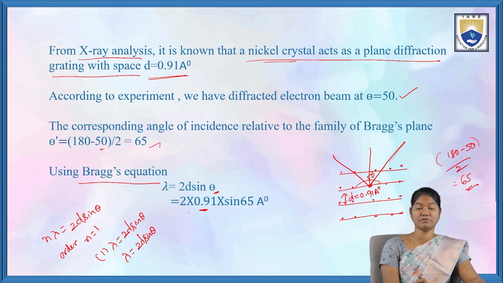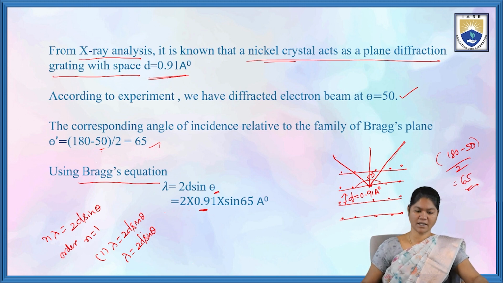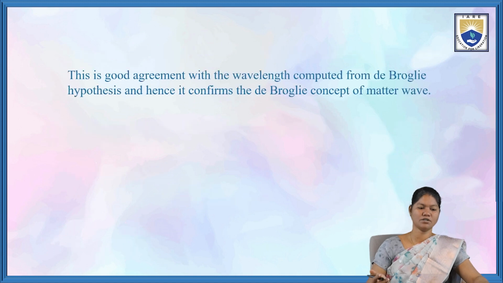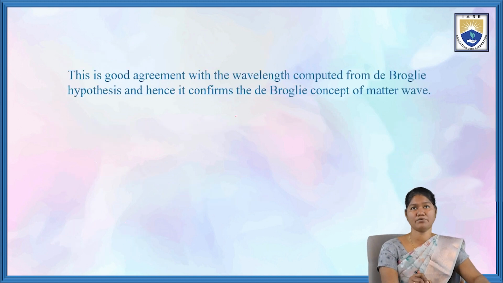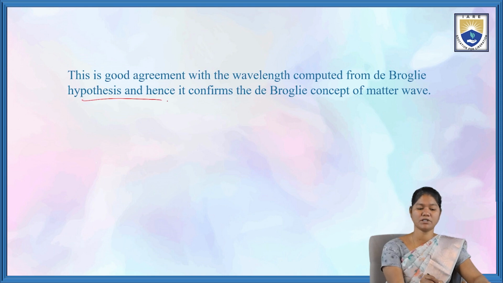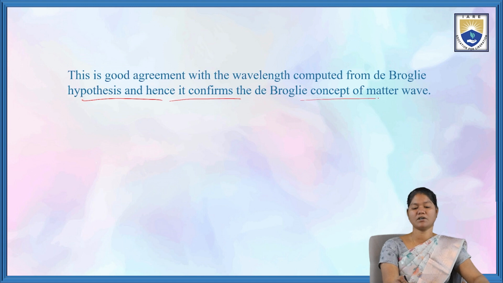So lambda is equal to 2 into 0.91 into sine 65 degrees. So we will get the value of lambda. This is in good agreement with the wavelength computed from the de Broglie hypothesis, and hence it is confirmed the de Broglie concept of matter waves.